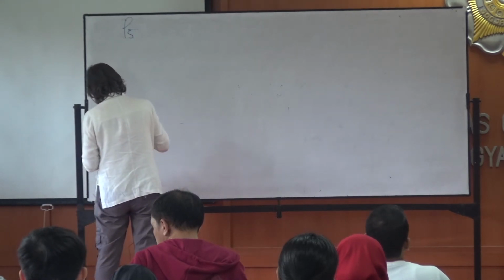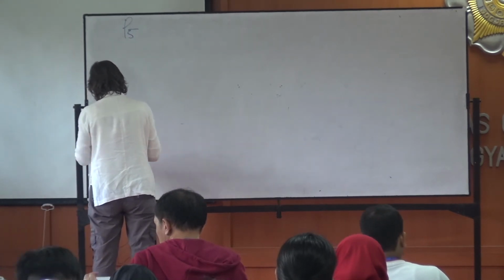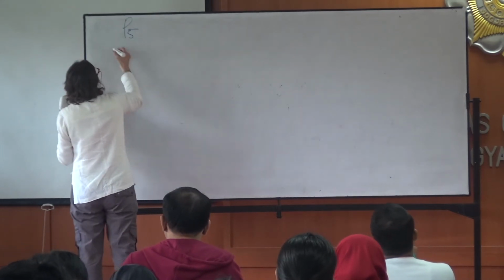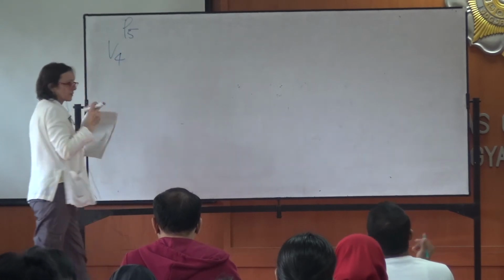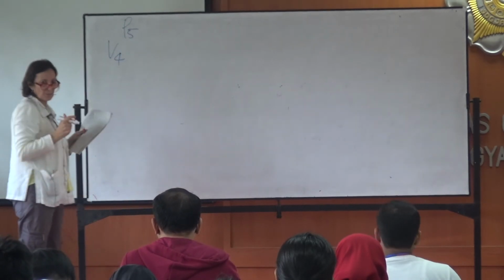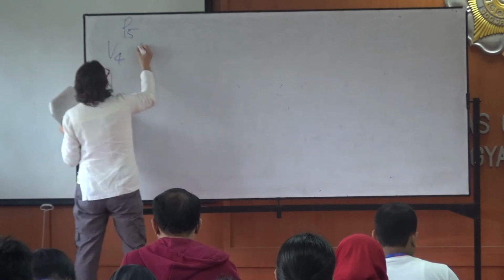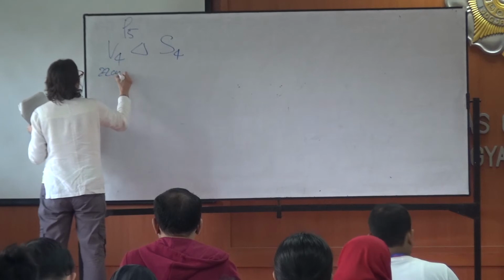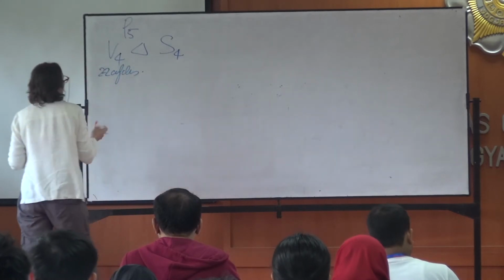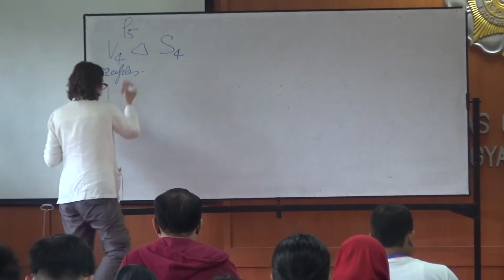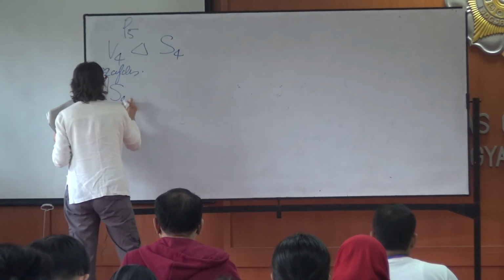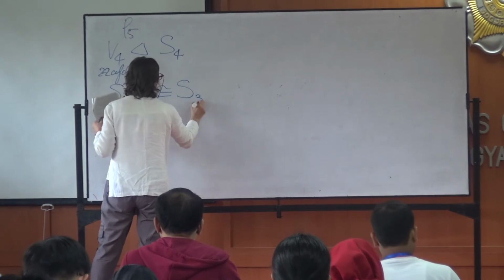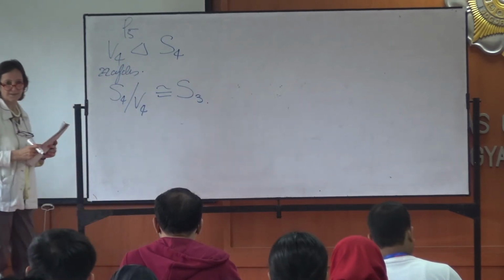So we have to observe one thing: if we take V4, the double transpositions, these form a normal subgroup of S4. So we can take the quotient, and the quotient S4 over V4 is isomorphic to S3.